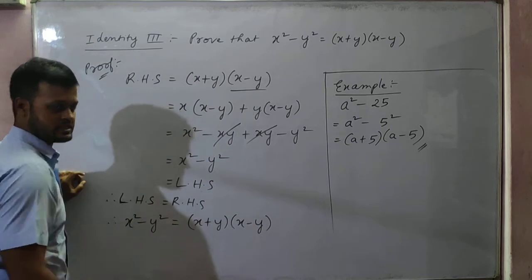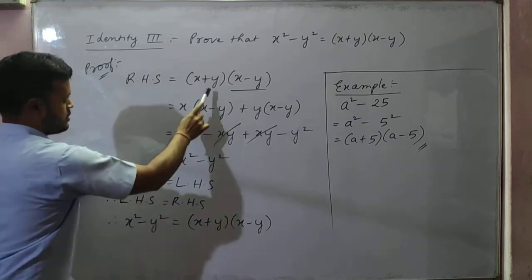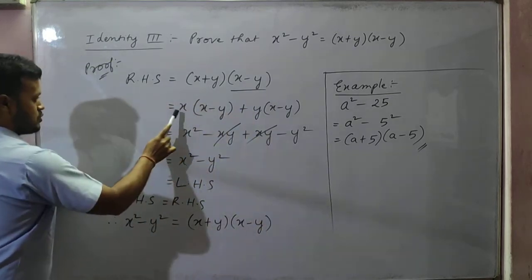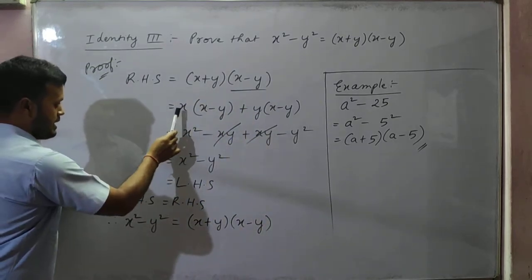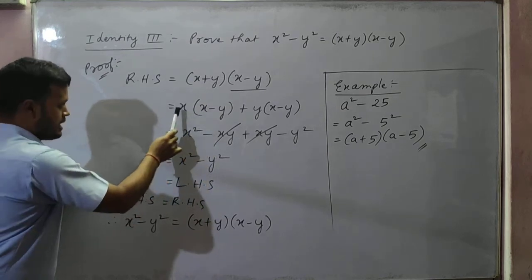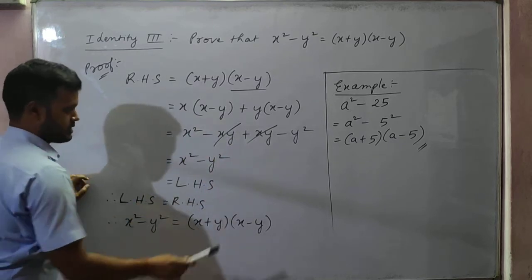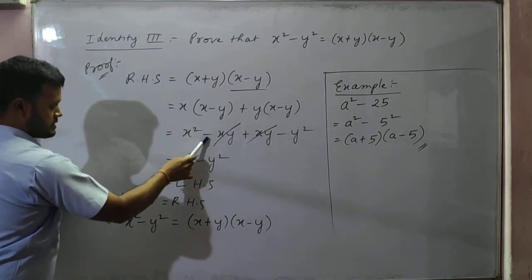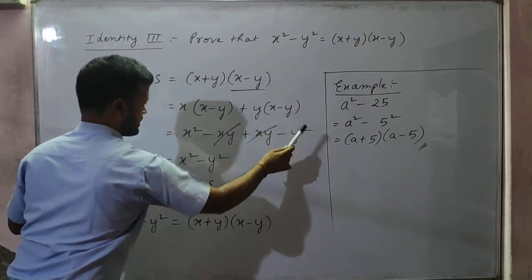Plus sign, so I wrote here plus sign. Y into x minus y. So x into x. Now you just see how I multiply. Distributive property. x into x will become x square, minus x into y will become xy. Plus, this minus sign has come here, y into x will become xy, minus y into y will become y square.